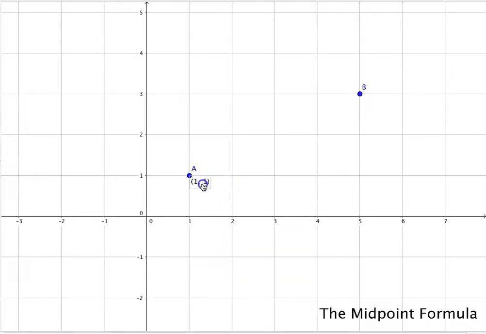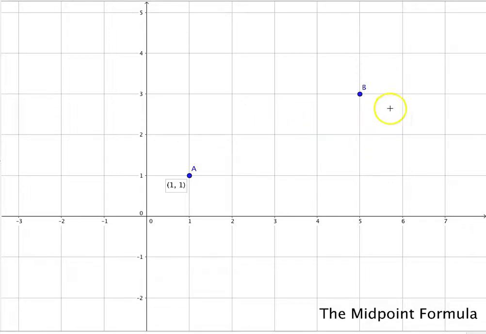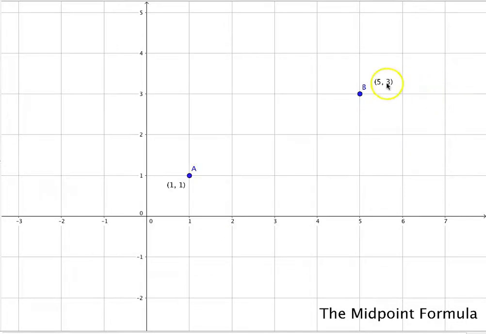That's the address of point A. And point B is 5, 3. Okay? So there's point A and point B, okay?